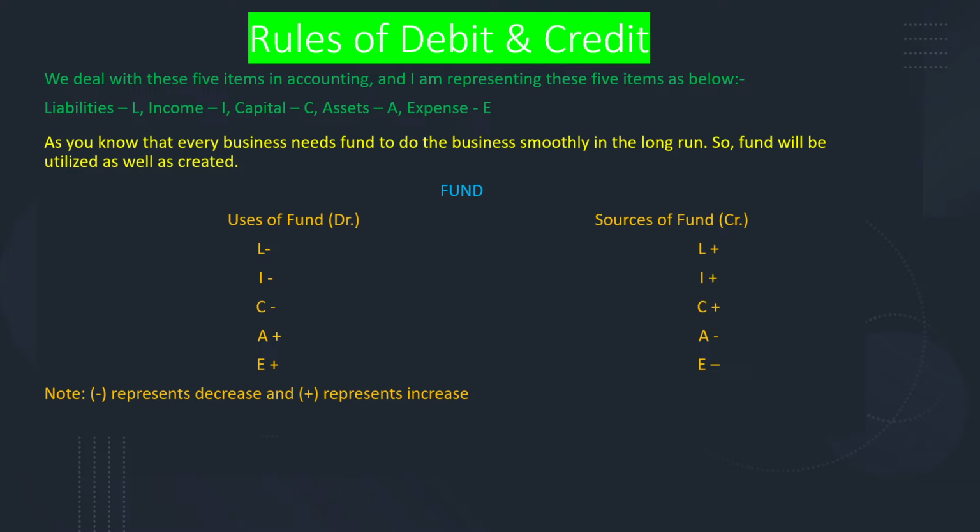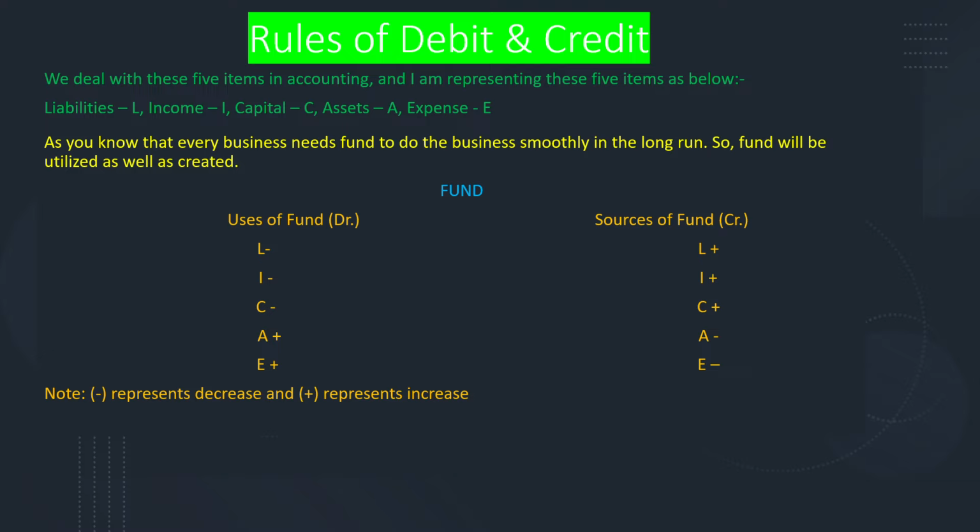Now we are talking about the non-cash event. What is a non-cash event? Suppose you met a friend, an old friend, on a certain date. That is also an event, but here no cash is involved, so we can't say this is a cash event.